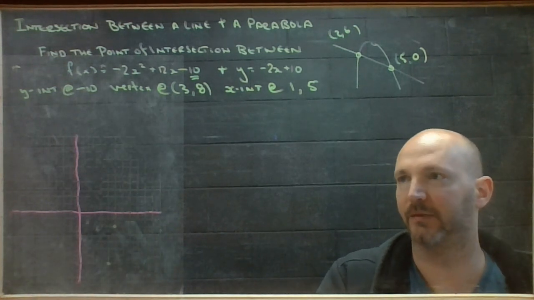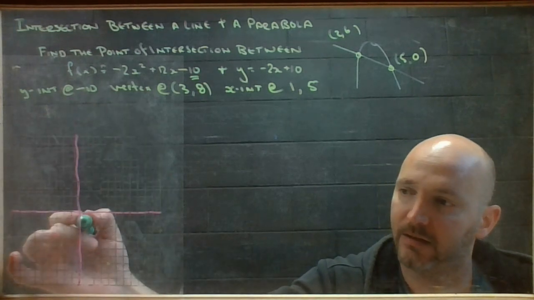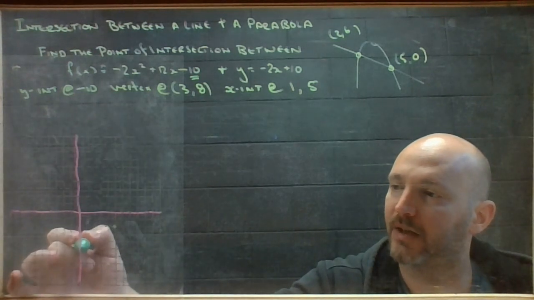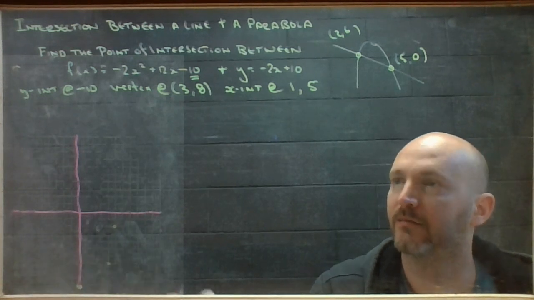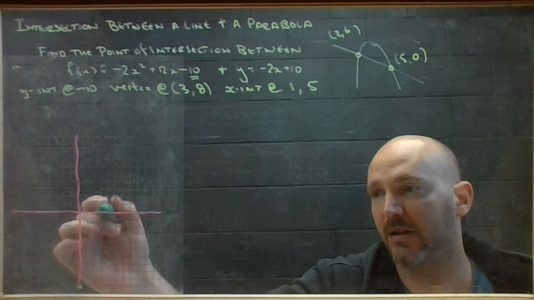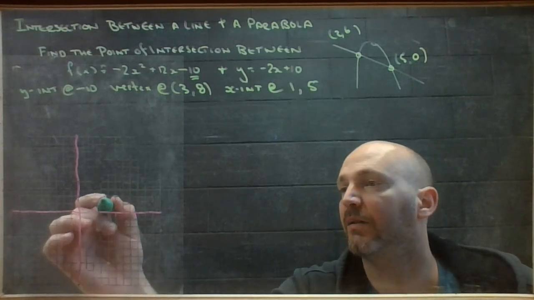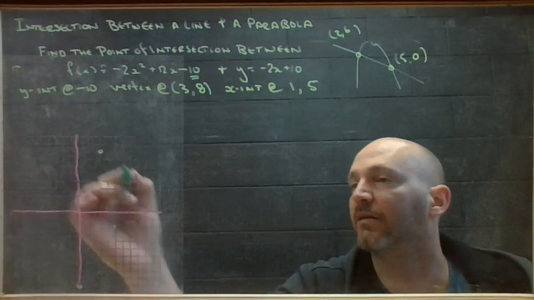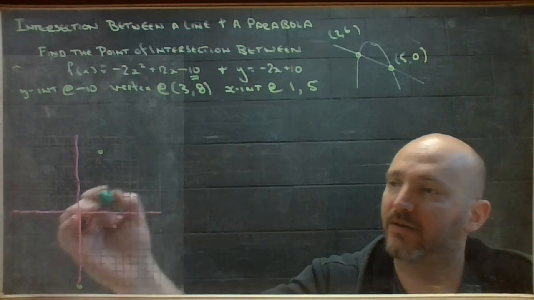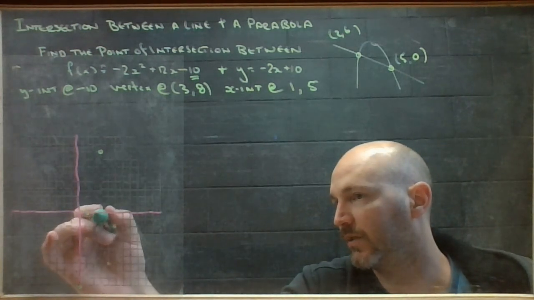All right, so for the parabola, I have a y-intercept at negative 10. 1, 2, 3, 4, 5, 6, 7, 8, 9, 10. Vertex at (3, 8). So 1, 2, 3, 1, 2, 3, 4, 5, 6, 7, 8. And I have x-intercepts at 1 and at 5.